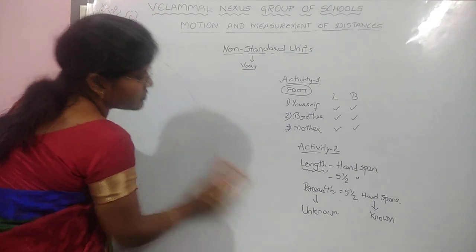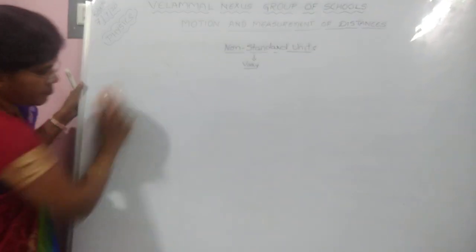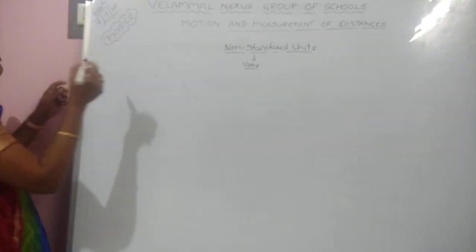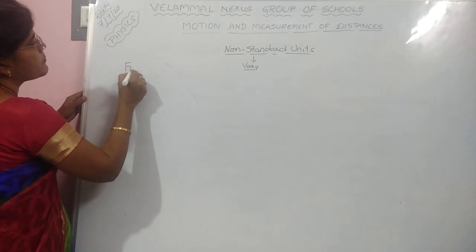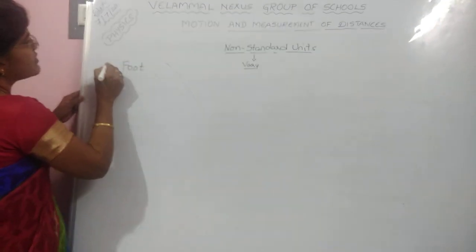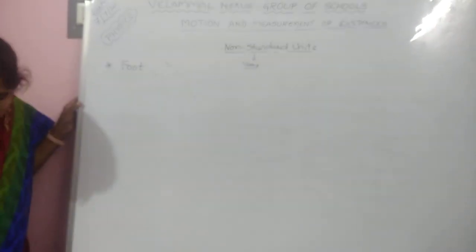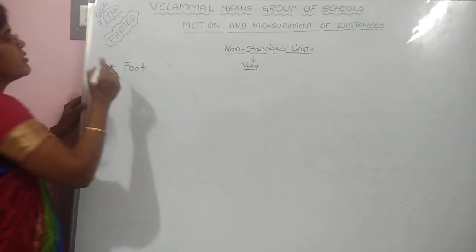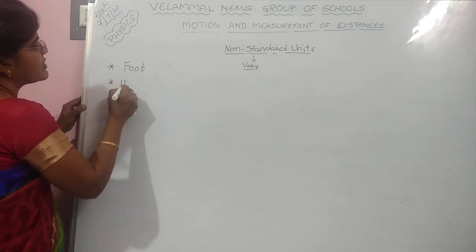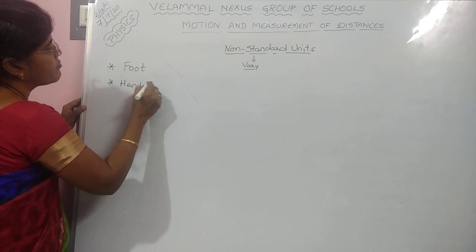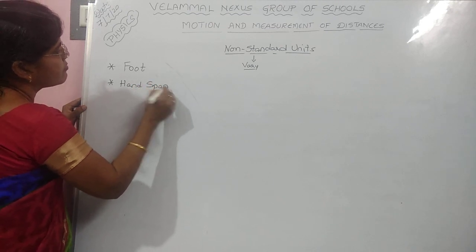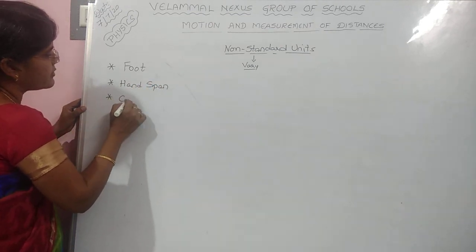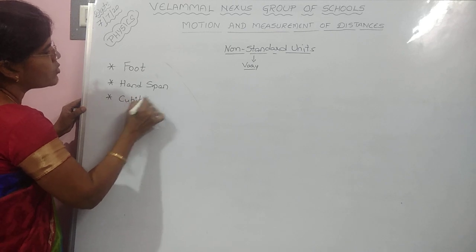Now we'll look into some more non-standard units. One, foot, we read. Foot is nothing but the length of your foot. Second one is handspan, I have shown you. Next one is cubit, children. What is cubit?